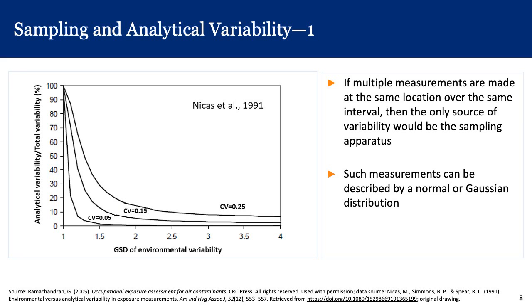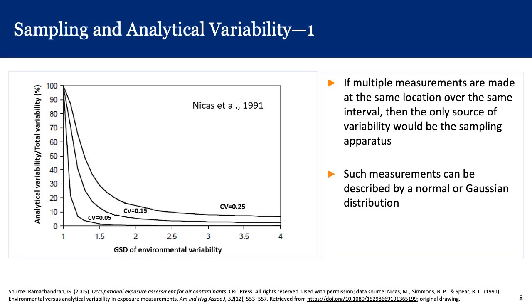On the other extreme, you have a CV of 0.05, or even less than that, 0.01, which I'm not showing here, meaning there is only 1% variability in the measurements. That is a very precise analytical method. And most modern measurements, such as gas chromatography or mass spectrometry analysis of environmental samples, would have a CV of 5% or less. Okay, so what does this graph tell us?